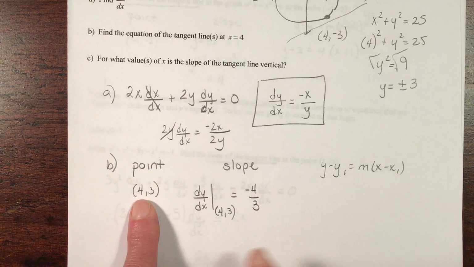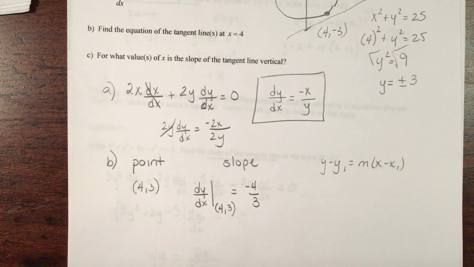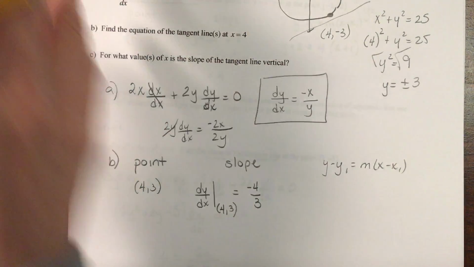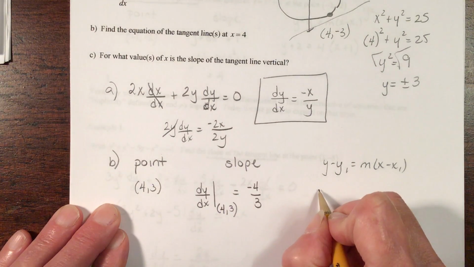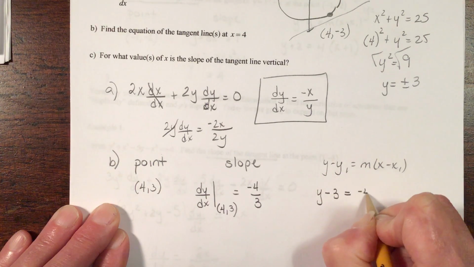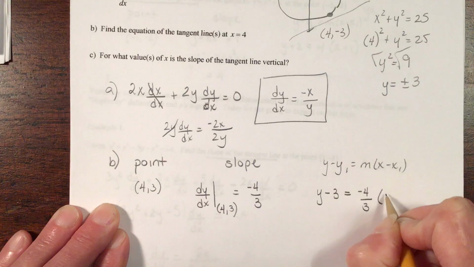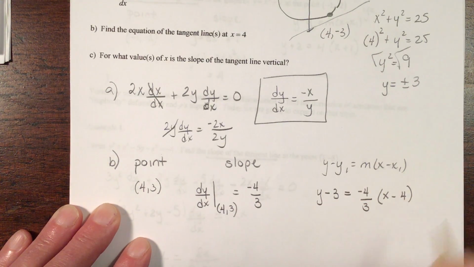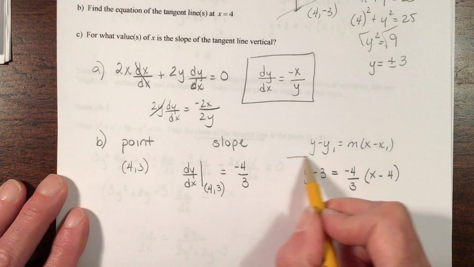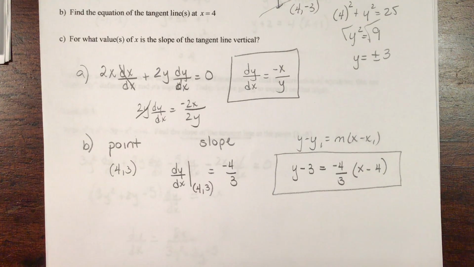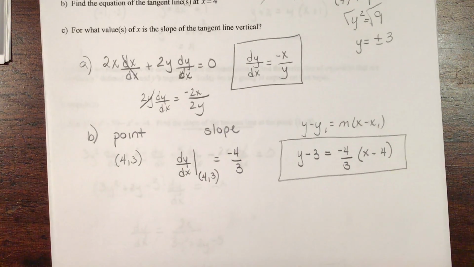Now that I have my point and my slope, I'm just going to pop it into my formula, right? So the equation of this line is going to be y minus 3 equals negative 4/3 times (x minus 4). And there's the equation of the line. We could rewrite it if we want to, but there's no reason to because we're not being told to.